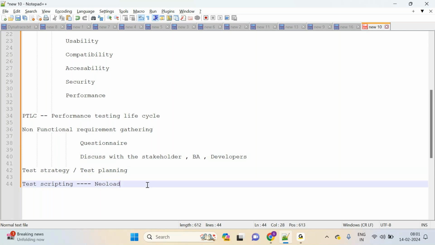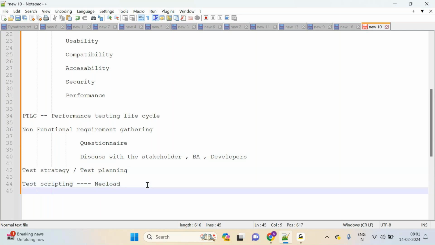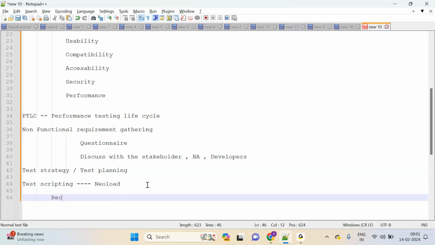First, initially we will do it at the single user level only, and post which we will make it a multi-user execution. So in that, as I told you, you are going to record the script, you are going to customize the script. Customization means what? You are going to do the parameterization, or you are going to do correlation.